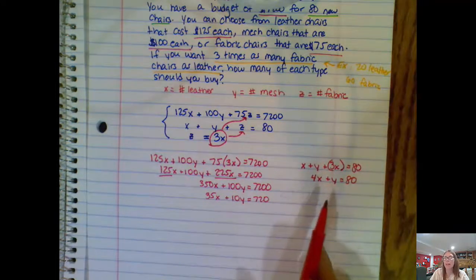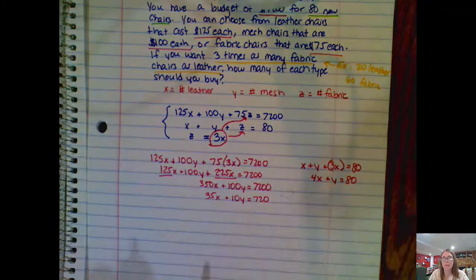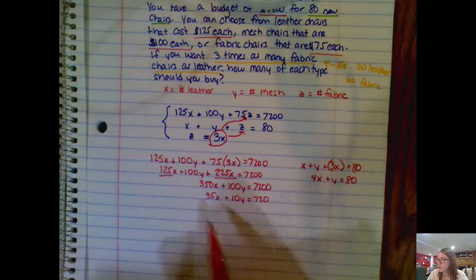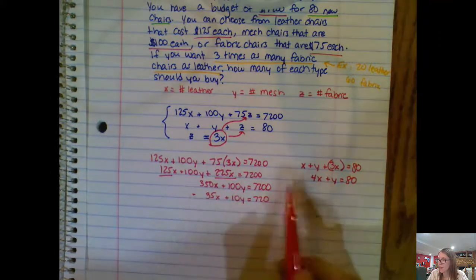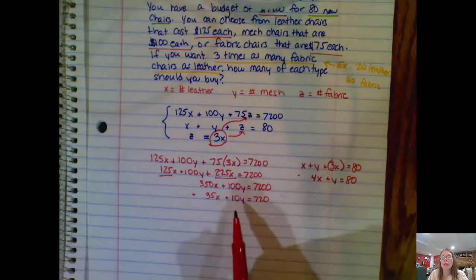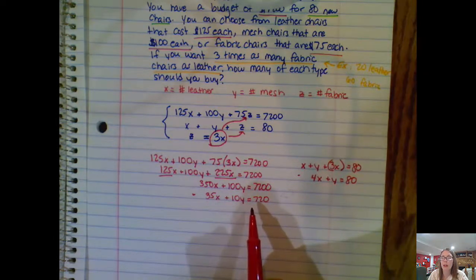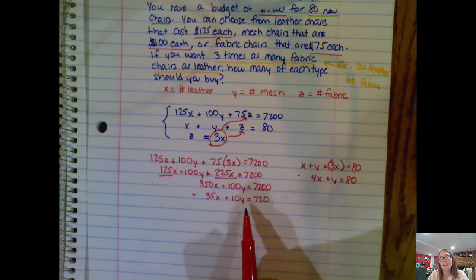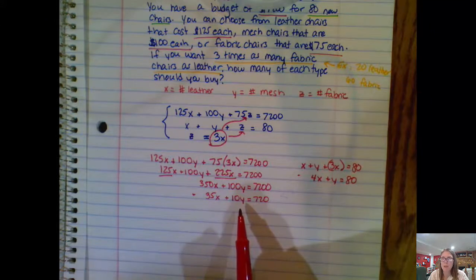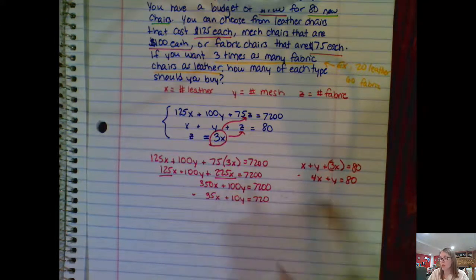And I get 4x plus y equals 80. So these two equations I want to solve together. One other thing I can notice, 35x plus 10y equals 720: I could, if I wanted to, divide everything by 5, and that would still make my numbers a little bit smaller. It's really not a big deal though. You definitely don't have to do that.